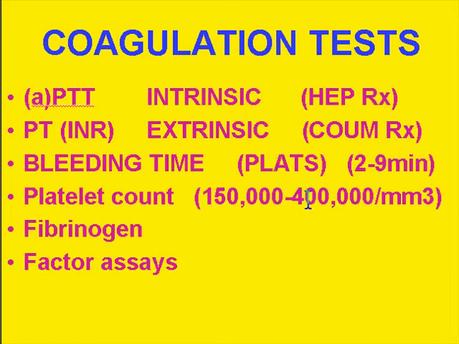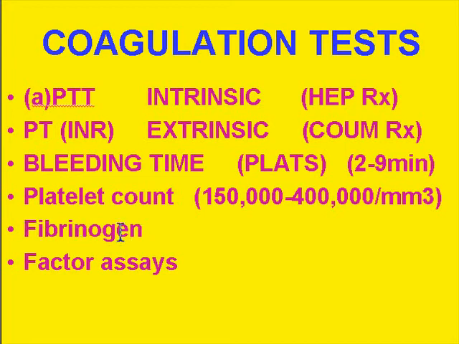If you have a normal number of platelets but an abnormal bleeding time, it means your platelets probably aren't working too well. And you know what this 2 to 9 minutes is. It means how long you could keep blotting blood from a small cut. And if you could still blot after 9 minutes, it's an elevated bleeding time. You can also measure the end product, or the second to the last end product of coagulation, fibrinogen.